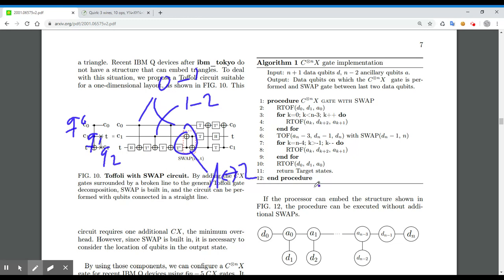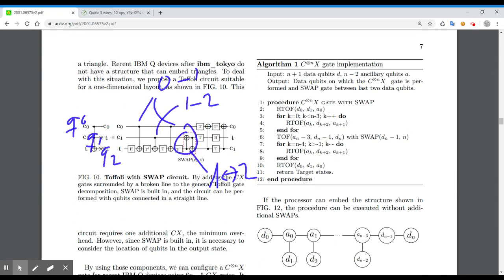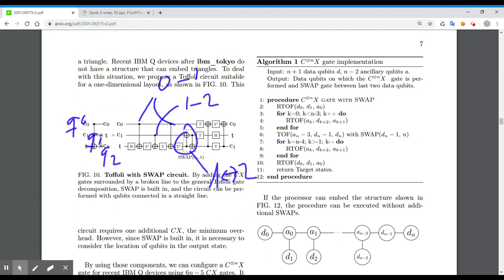I probably need to see the optimal. So what's the 6? I'd like to know what's the 6 control X gate implementation. Oh, that should stay. Why does it float with me? Because now we've got a connection between 0, 1, 1, 2.